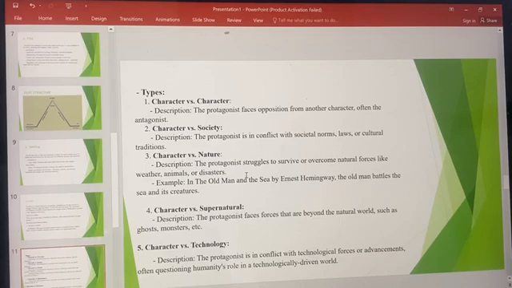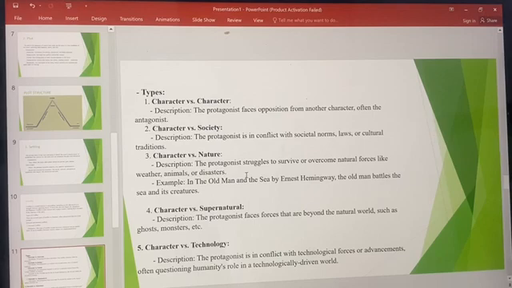The old man battles the sea and its creature. We have also another struggle, which is character against supernatural. Here the protagonist faces forces that are beyond the natural world, such as ghosts, monsters, etc.